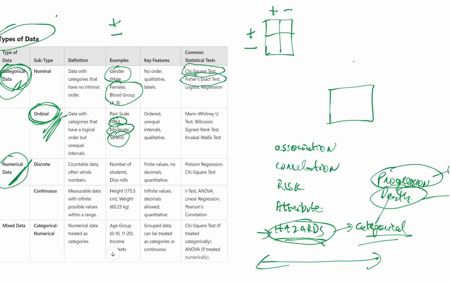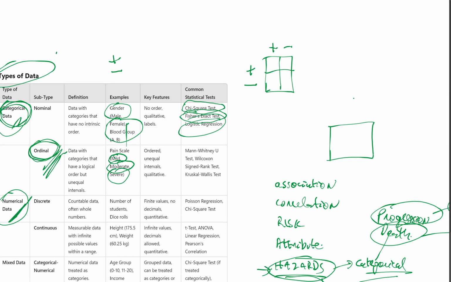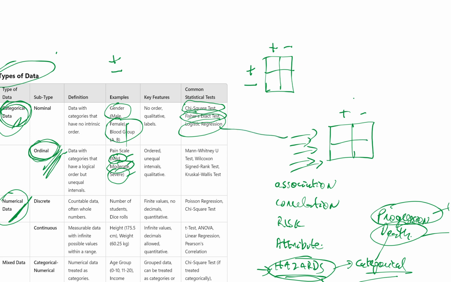And if we have multiple categorical influences and we want to see the outcome with all these influences, then we do something called regression. Regression is to see which is the most influential and the least influential variable.